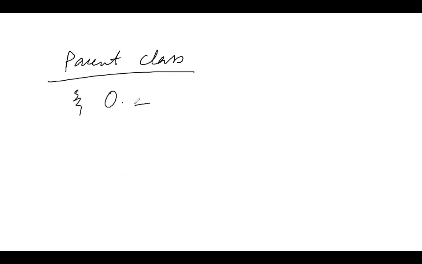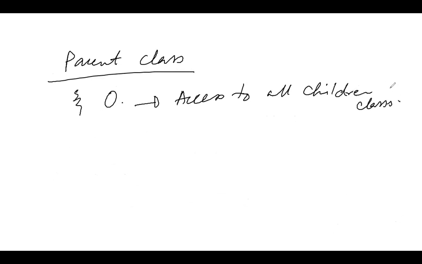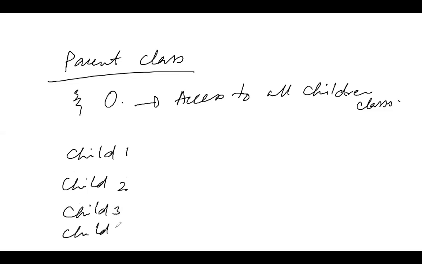Another important thing that you are using is that you always have a parent class, and in the parent class there is one object which can access everything, which has access to all children classes. And there may be child 1, child 2, child 3, and child 4.